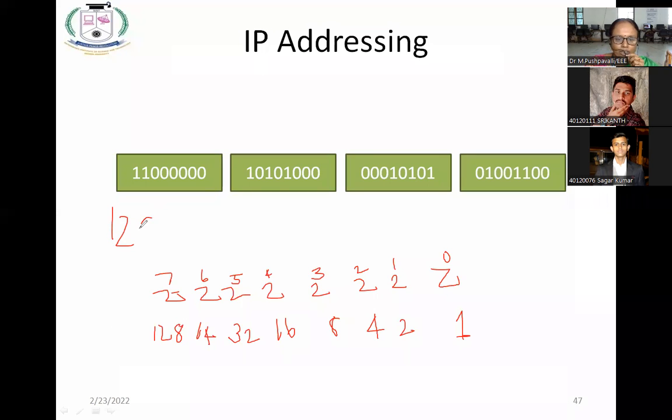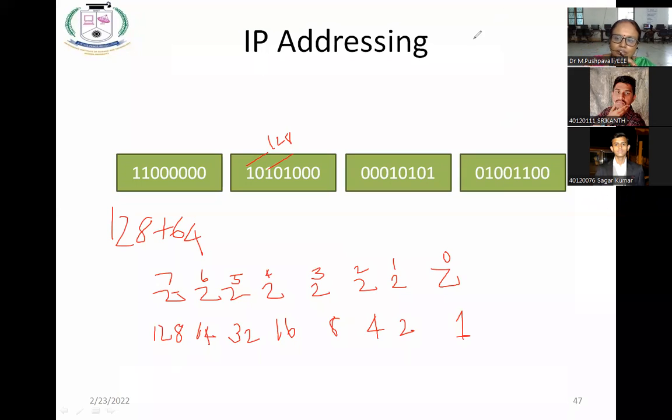128 plus 64, the first one. Then while I am going with that, 128 and this is 32. 128 plus 30. Anyone try it and tell me the answer?